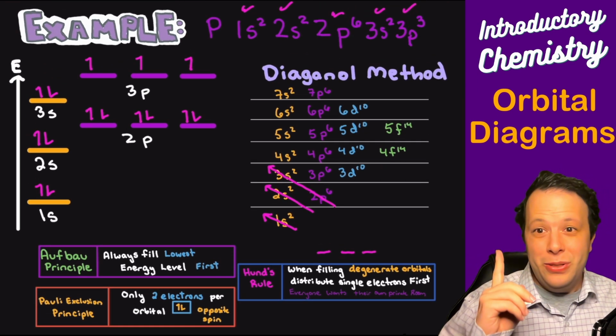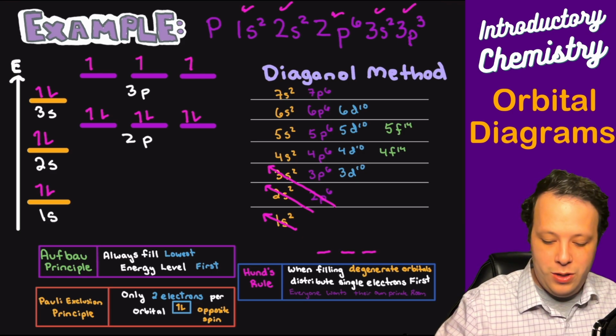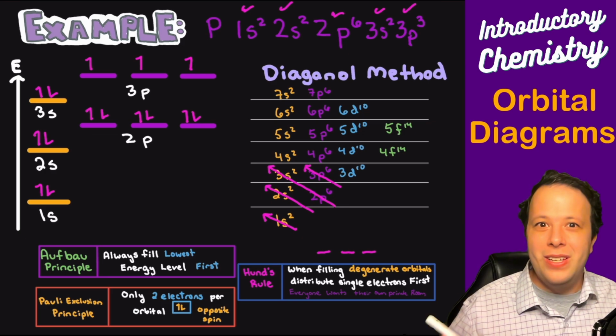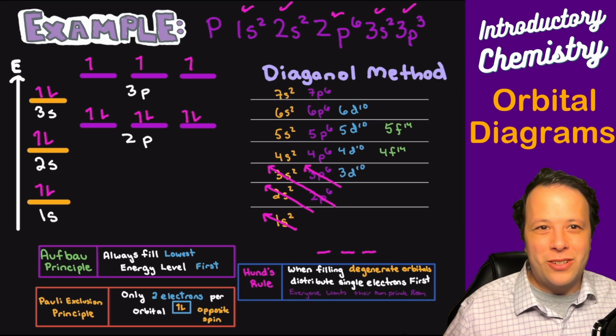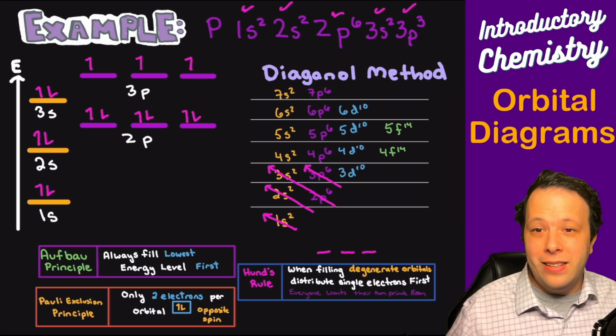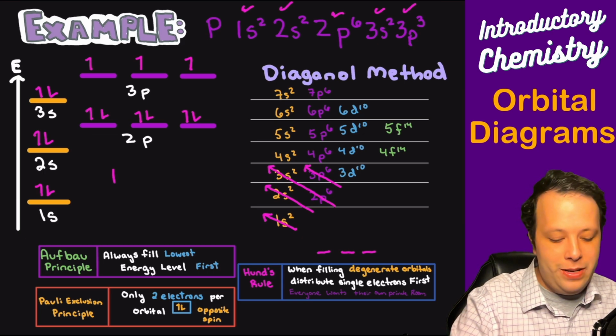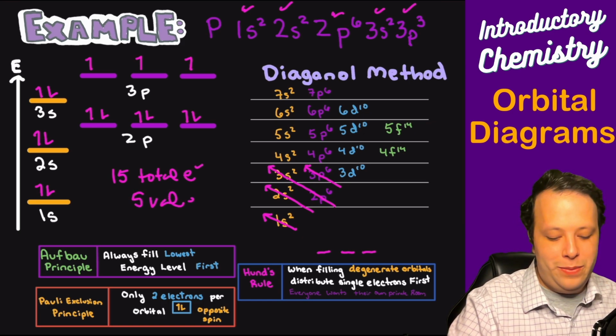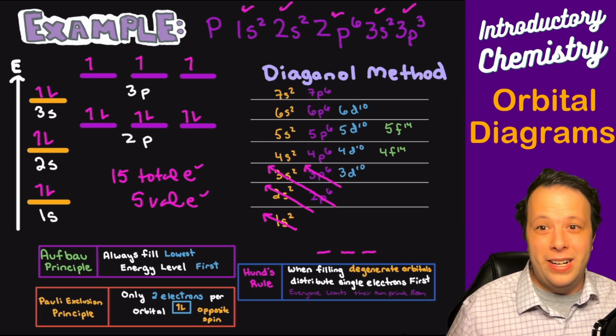And this is how we do an orbital diagram for phosphorus. We go through and we fill in one at a time until we don't have any electrons left. And we can even go through and count them as well, right? You can see there's a total of 15 electrons for this atom. So 15 total, and we can see that we have 5 valence electrons available. Let's go on to our next example.